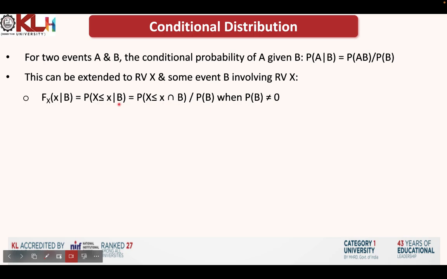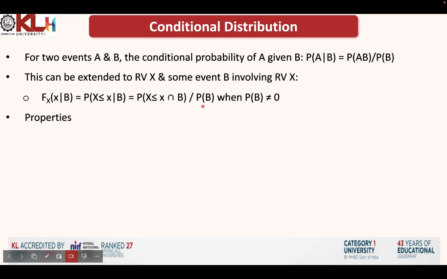Using the same definition of conditional probability, we can write that this is equivalent to probability of x less than or equal to some value of small x and b divided by the probability of b, when probability of b is not equal to 0. That means b, the event, has to occur.